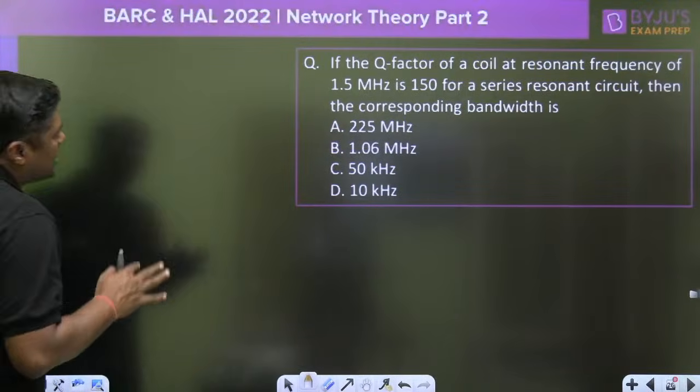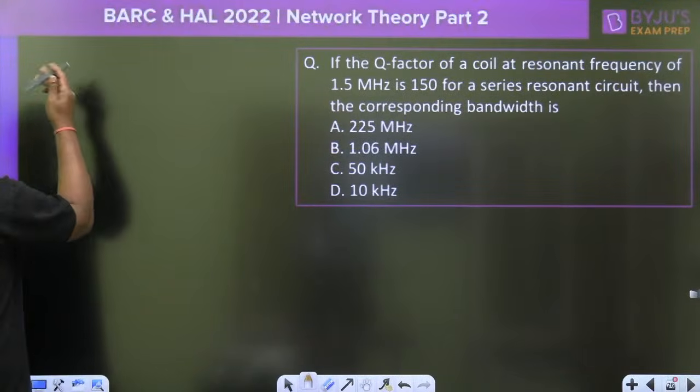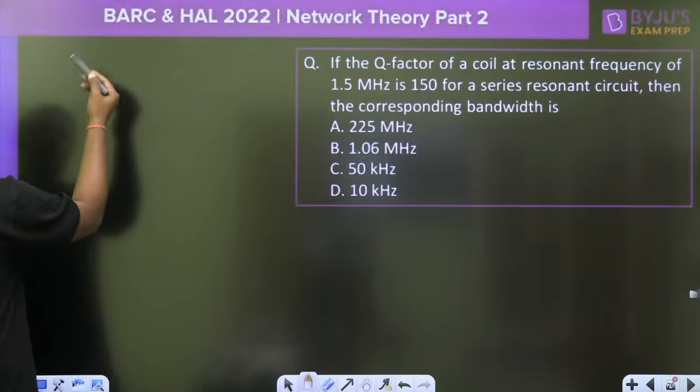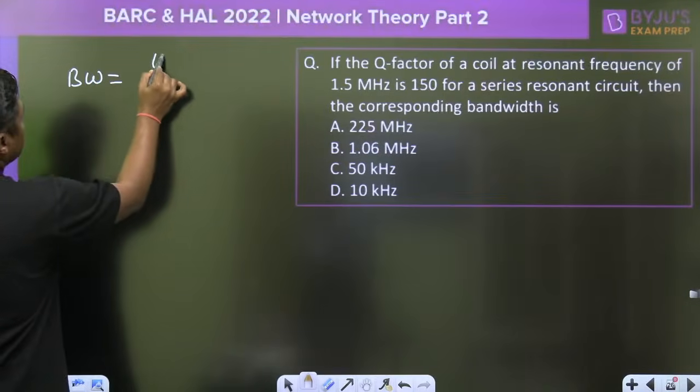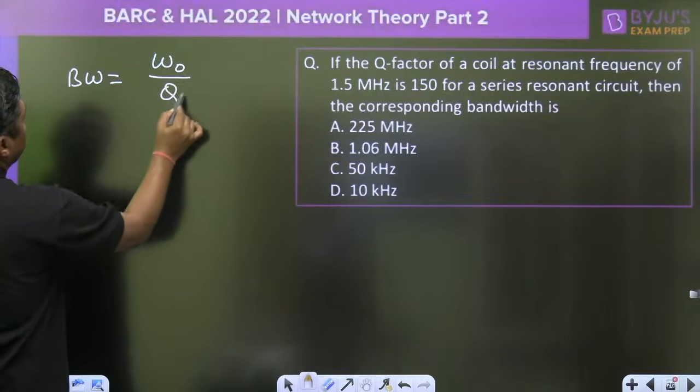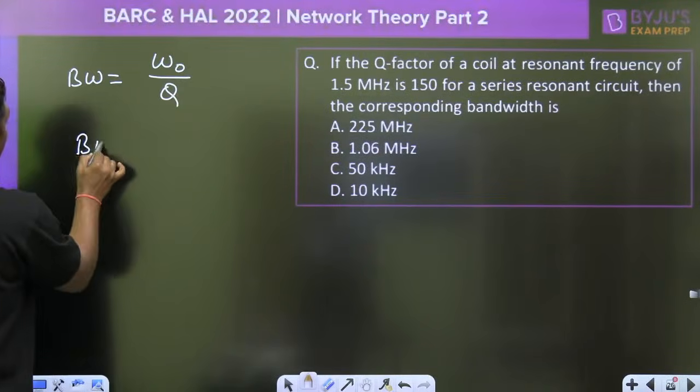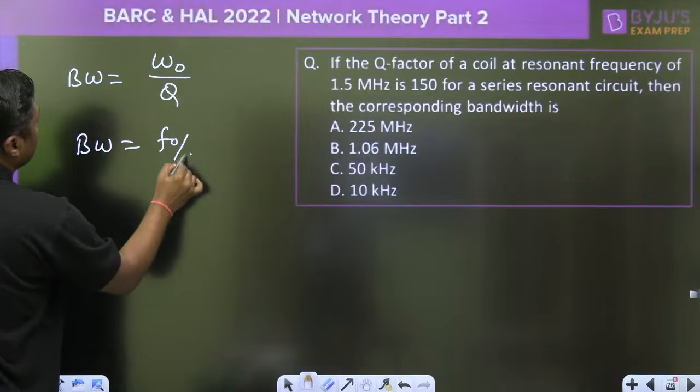Okay, for series resonance we have the formula for bandwidth. What is the relation between bandwidth and resonance frequency? That is omega naught by Q if it is in radian per second, or bandwidth is equal to F naught by Q if it is in hertz.